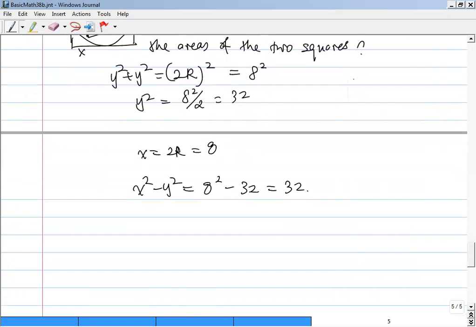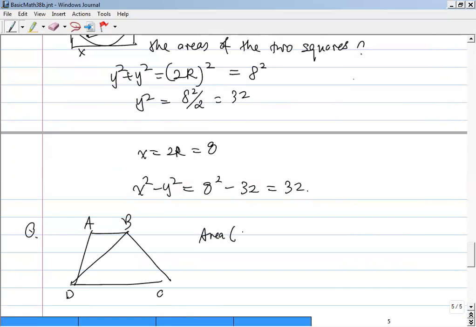All right, so let's look at the next problem, the trapezoid problem. The trapezoid ABCD has parallel bases AB and CD. The area of triangle ABD is 6 square units.